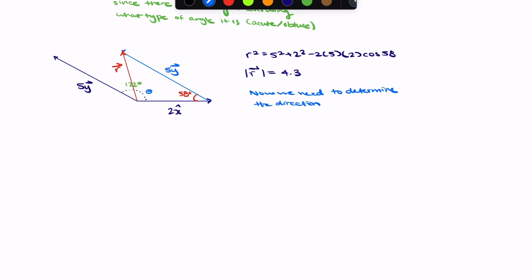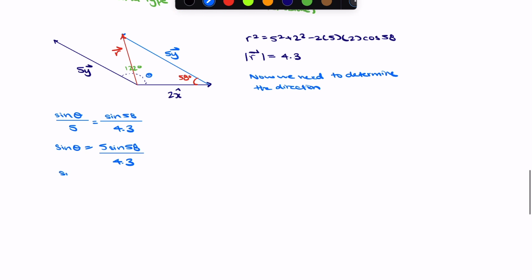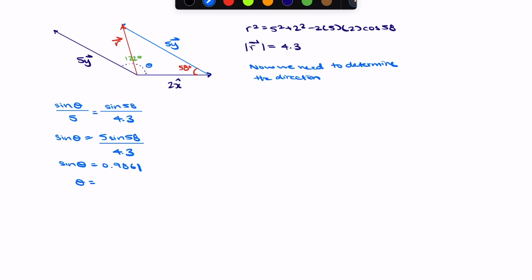Okay, so now we need to determine the direction. Okay, so here, again, we'll use sine law. So here we have sine theta over 5 is equal to sine 58 over our resultant vector that we just found, which was 4.3. Sine theta is equal to 5 sine 58 over 4.3. Sine theta is equal to approximately 0.9861, and theta is equal to 80.4 degrees.